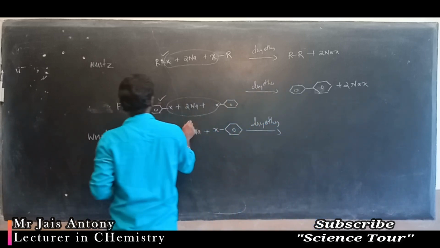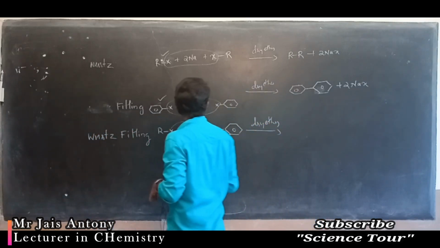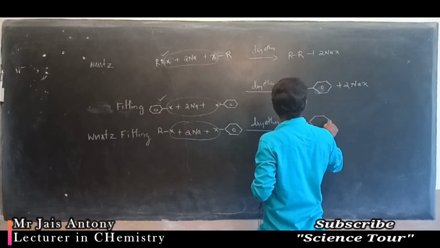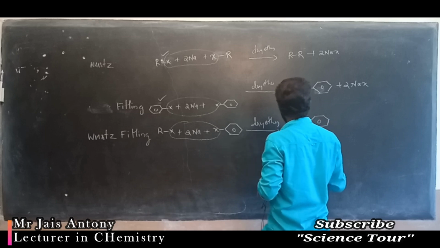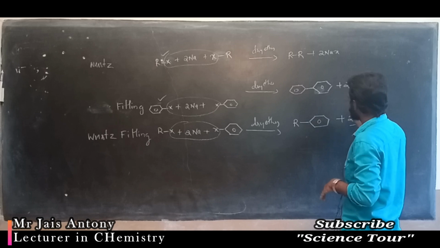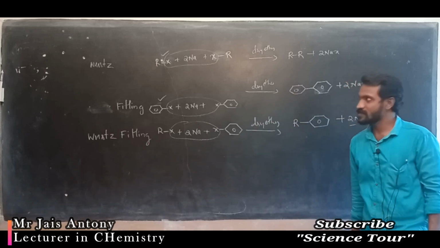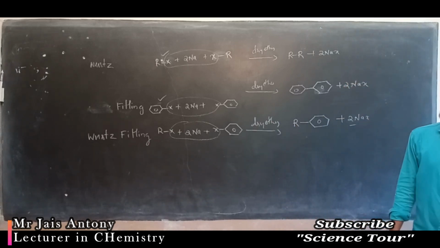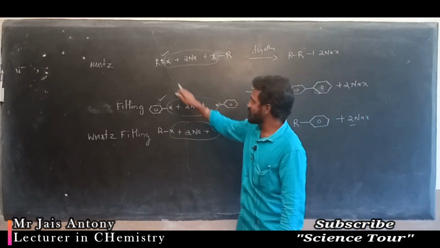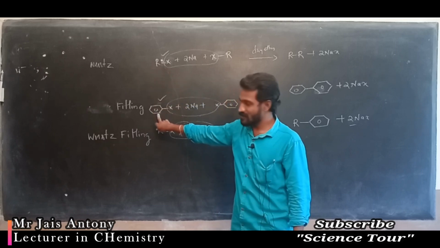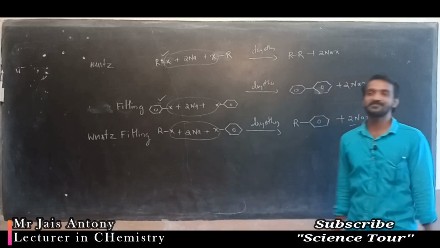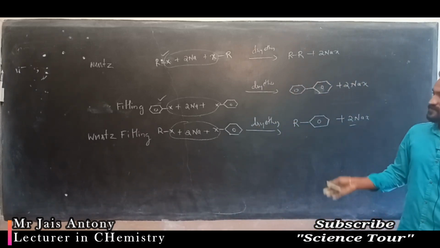The byproduct is the same, everything is the same, only the difference is this much. Easy to remember. Dry ether is common, sodium is common and X is common everywhere; only R changes. Here the phenyl group, and in Wurtz-Fittig we use both R and the phenyl group. Over.